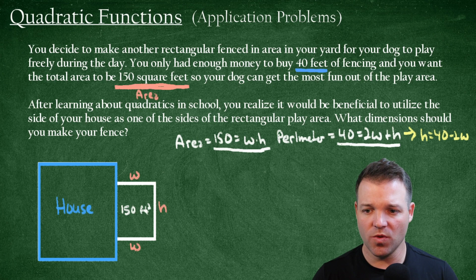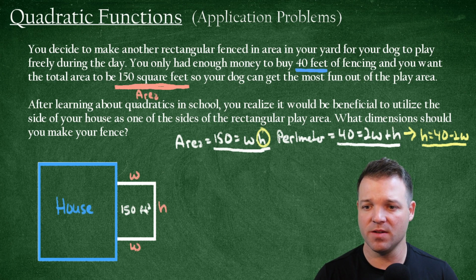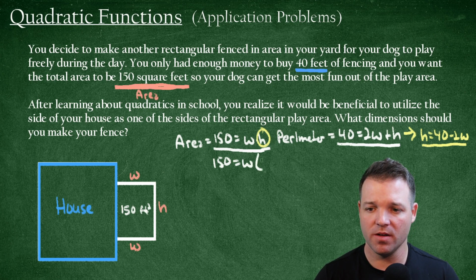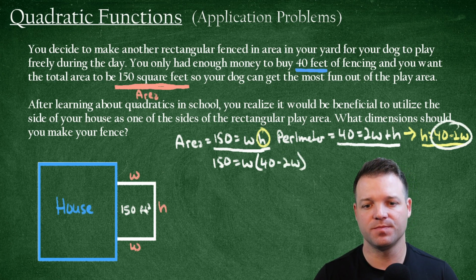So what we want to do is take this and substitute that in for H. So let's do it. I am left with 150 is equal to W times, not H anymore, but 40 minus 2W, which is what I got from here.